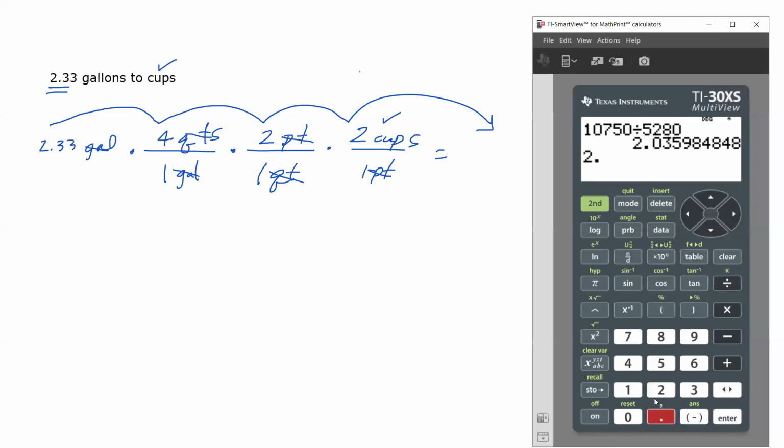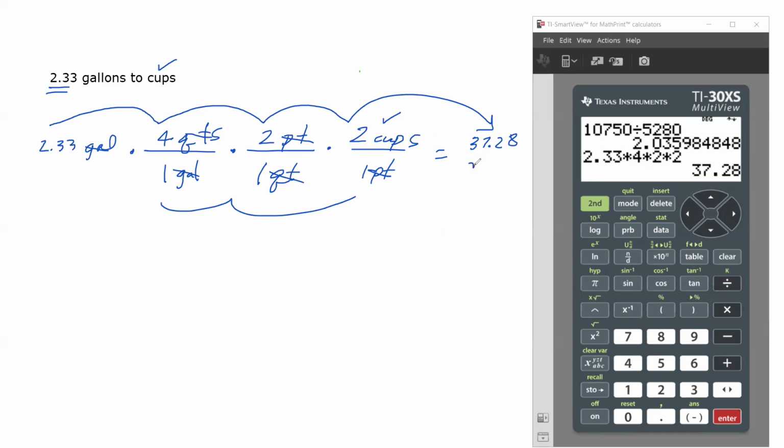So 2.33 times 4 times 2 times 2 is 37.28. And on the bottom, we just have 1 times 1 times 1, which is 1. Well, we know anything divided by 1 is itself, so it doesn't change it.